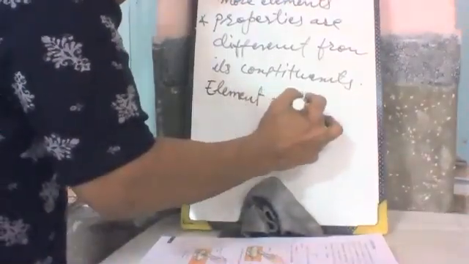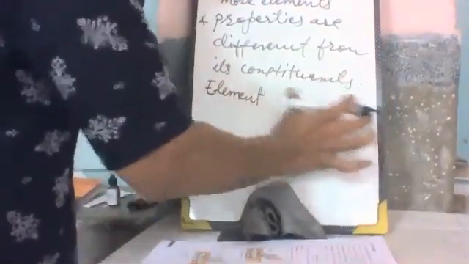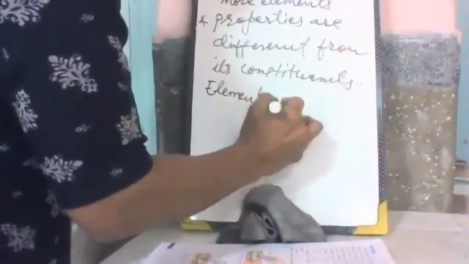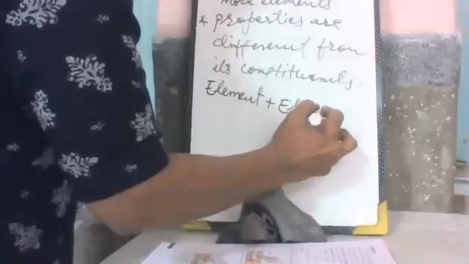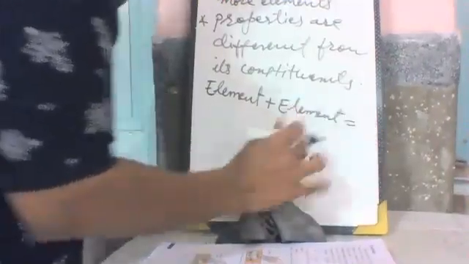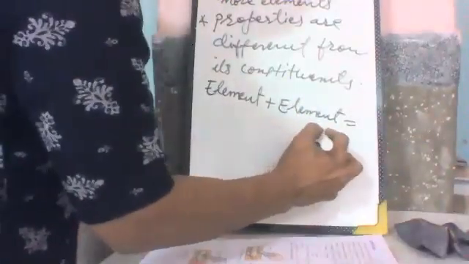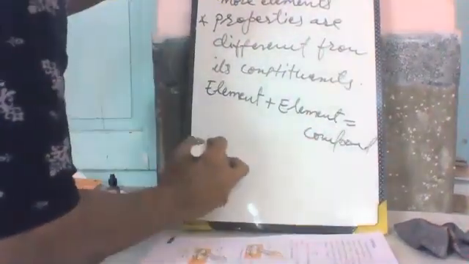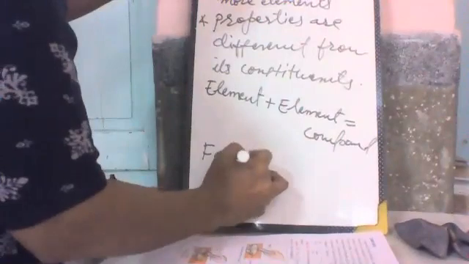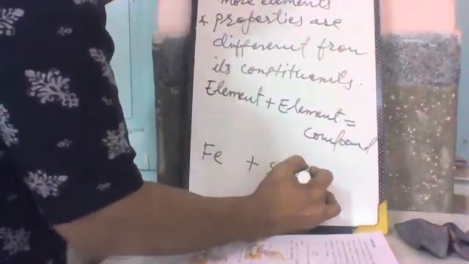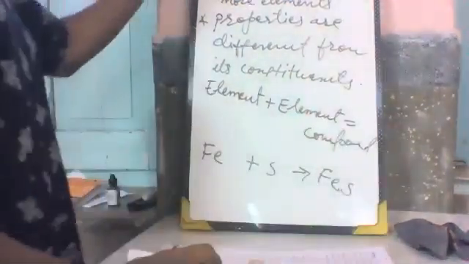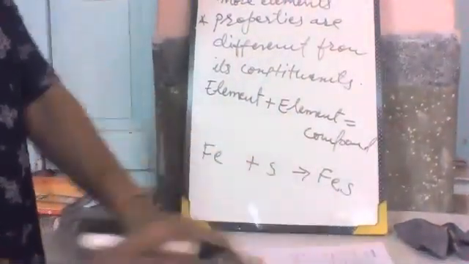Element plus element, and it forms a compound. We are taking here element iron and element sulfur, and it forms FeS. It's a compound, right?